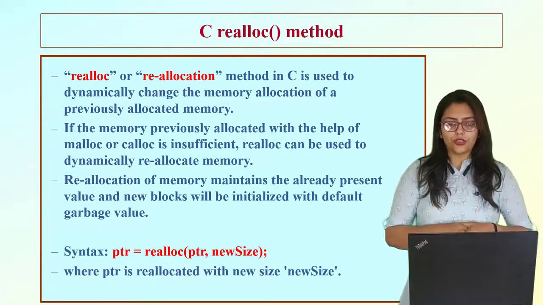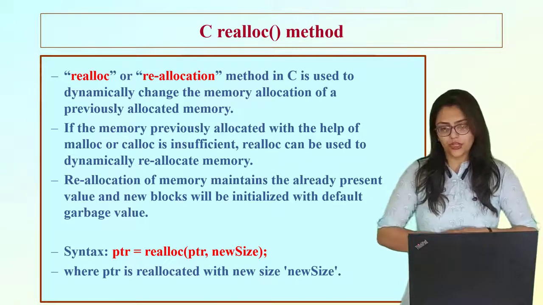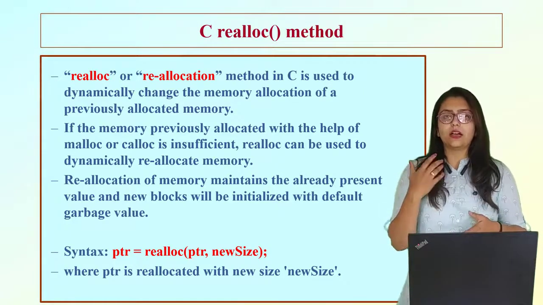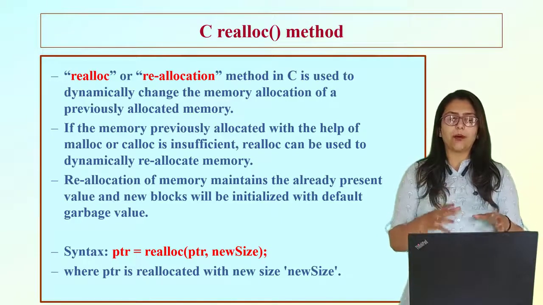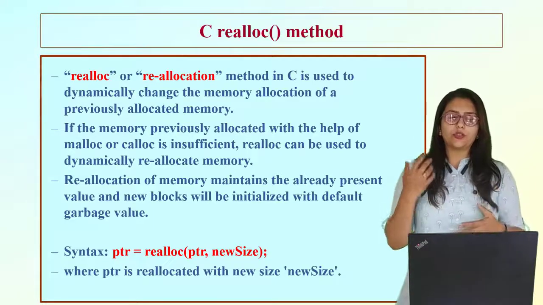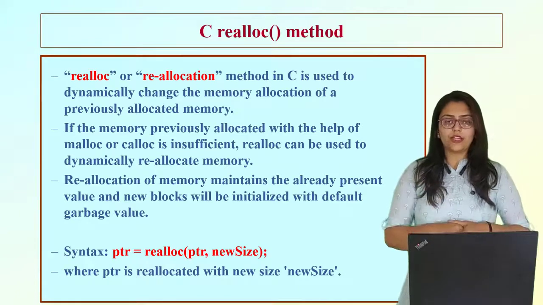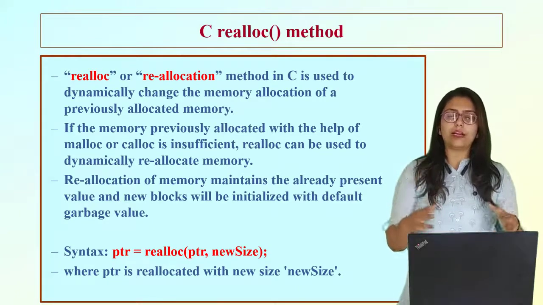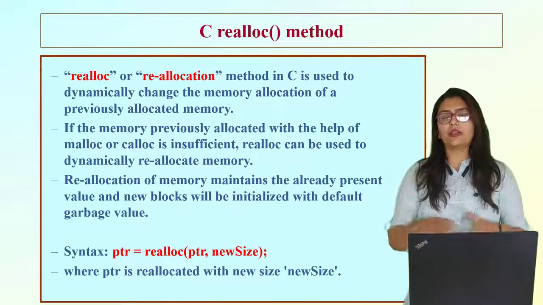Realloc is a reallocation method in C used to dynamically change the memory allocation of a previously allocated memory. If the memory previously allocated with the help of malloc and calloc is insufficient, realloc can be used to dynamically reallocate the memory. Reallocation of memory maintains the already present value and new blocks will be initialized with default garbage value.